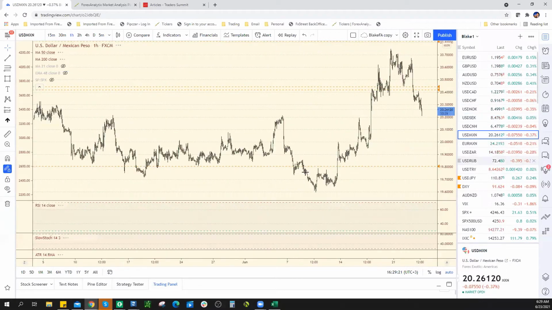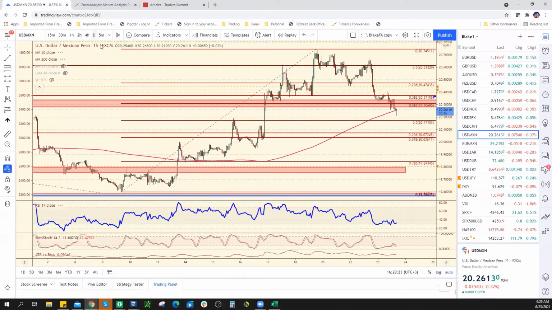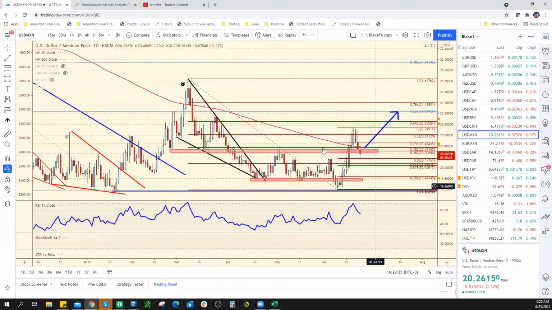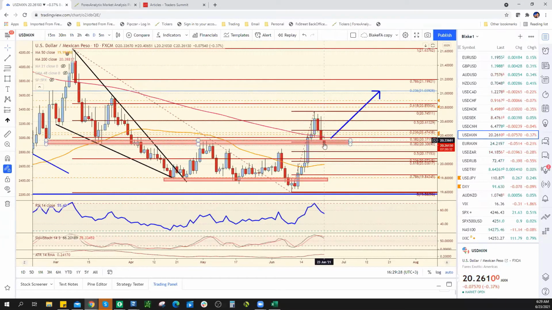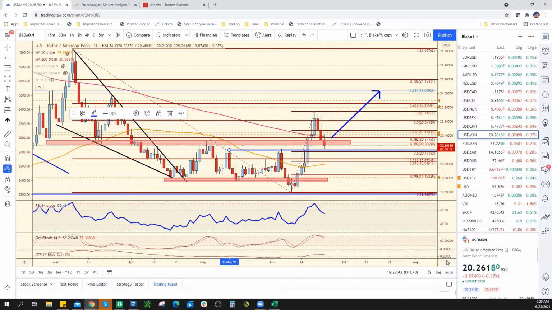Dollar MEX. Now the dollar MEX, I'm still bullish. We are probing some supports right here. So 2020 is going to be support right through here. Its low today is 2021.